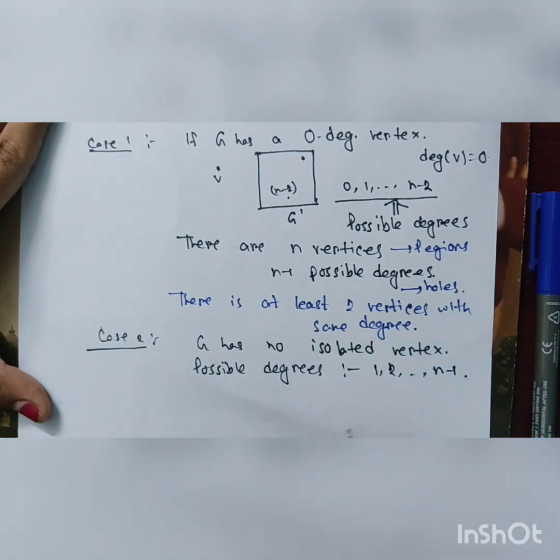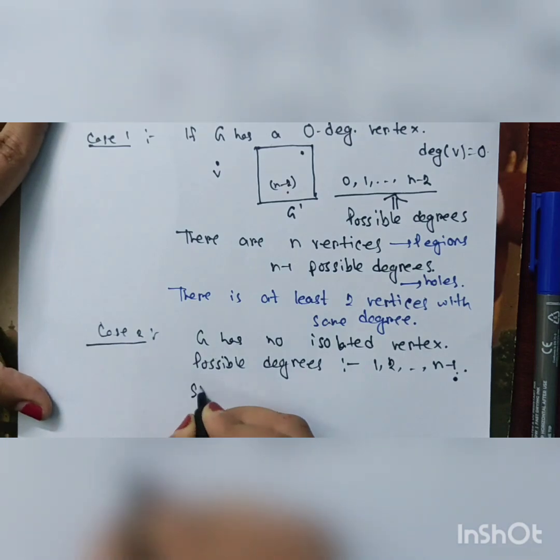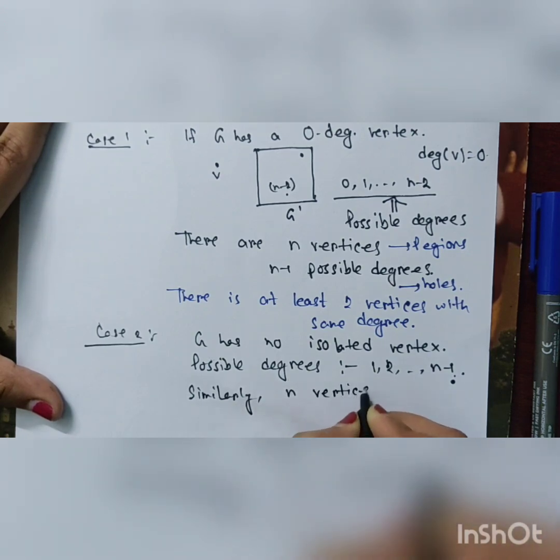Here also it is the same case: the number of possible degrees has n minus 1 choices and the number of vertices is n. So in that case also, similarly, there are n vertices and n minus 1 possible degrees.